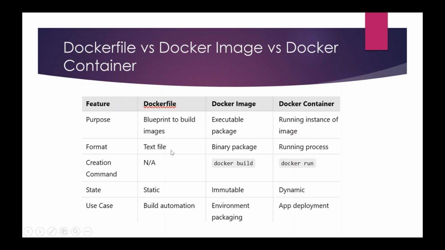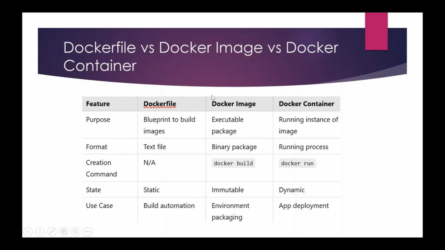As for the creation command for the Dockerfile, there is no creation command because this is a text file with all the instructions. We just have to write one text file, and you will have to write the instructions. And for the Docker image, you will have to run the docker build command, and you will have to supply the Dockerfile name.